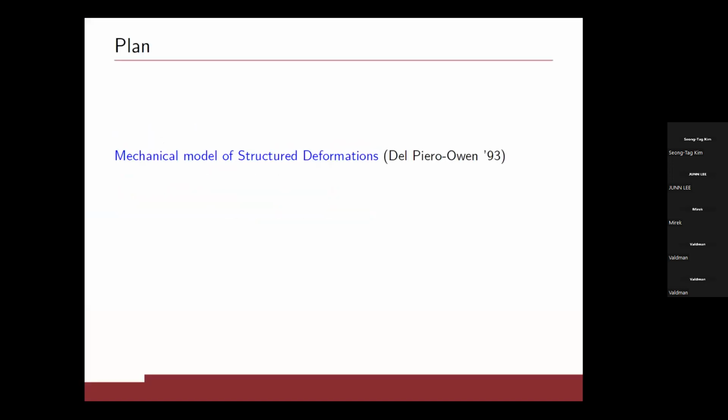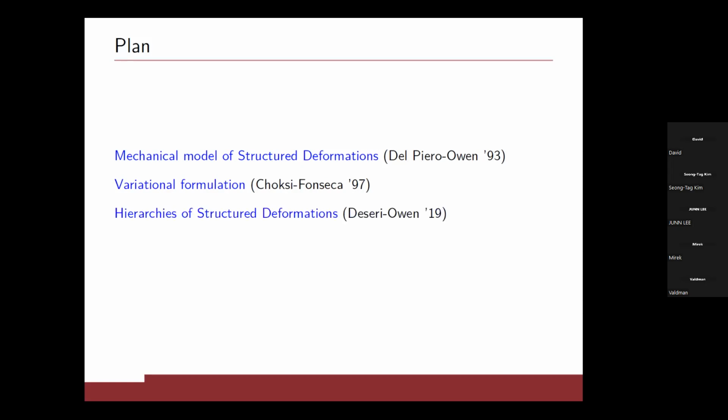In fact, the plan of my talk is like that. First, I will describe some mechanical properties of this theory, the way it has been introduced by Del Piero and Owen, as I said. Then I will describe the variational formulation due to Choksi and Fonseca.